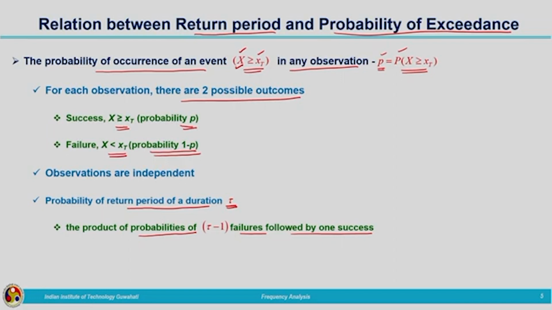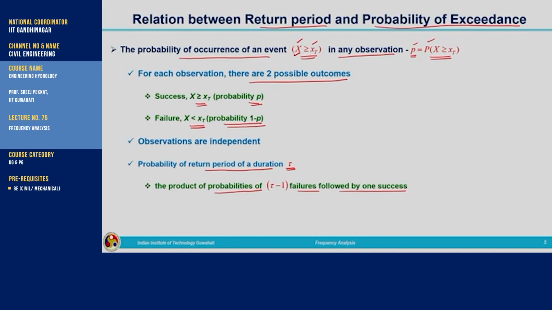So, if the return period considered is tau, then we will have non-occurrence of that event tau minus 1 times, followed by a single occurrence, that is tau minus 1 failures followed by 1 success.